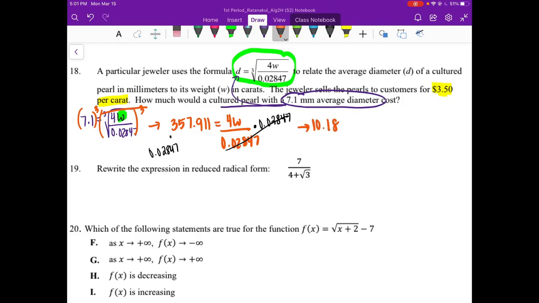I get a pretty long decimal. When you're working on this problem, I would recommend typing everything into your calculator and not rounding any of the decimals. Last step to get W by itself is going to be divide by 4. So we figure out the weight is about 2.5 carats.